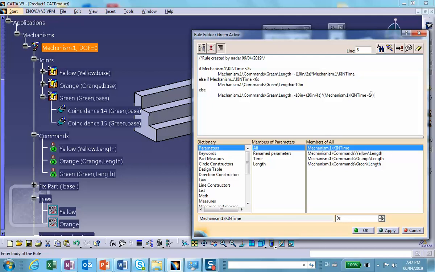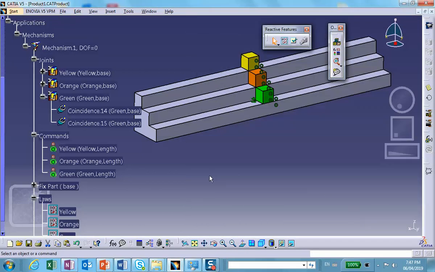Think about it. If the time is 10, 10 minus 6 is 4. 4 times 20 over 4 is plus 20. Minus 10 is plus 10. So it goes back all the way to the right hand side. Okay. Save.